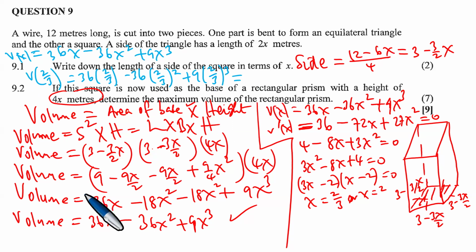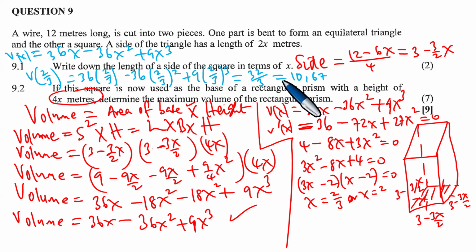Okay, if you use a calculator for this one, it's going to be exactly 32 out of 3. And it is approximately 10.67. We need to check this one.